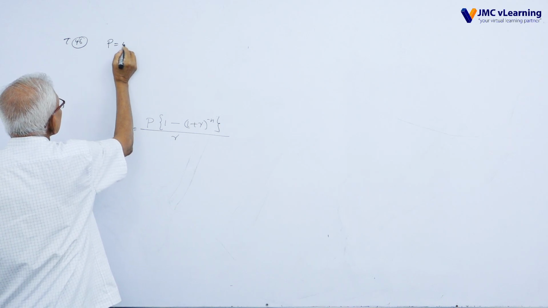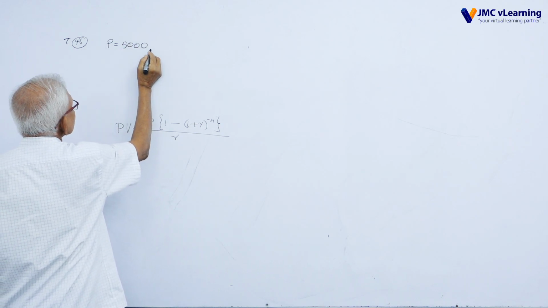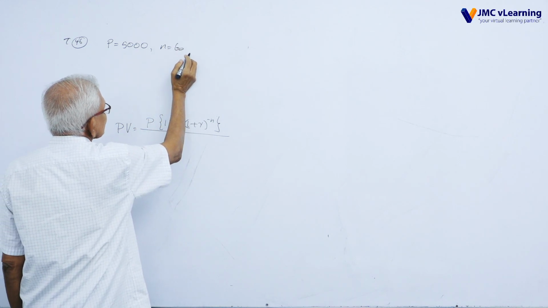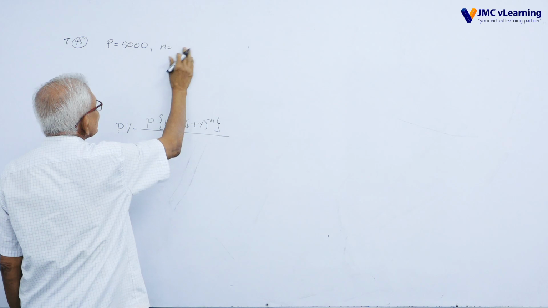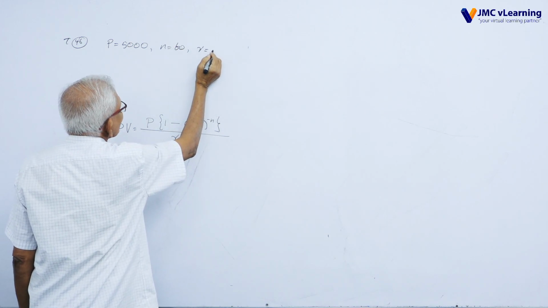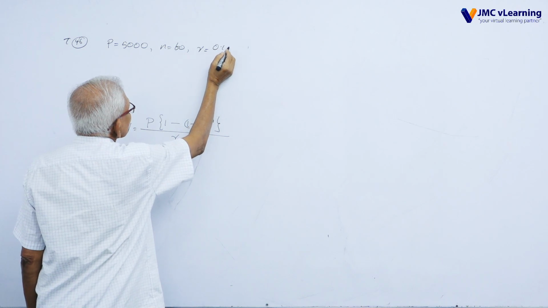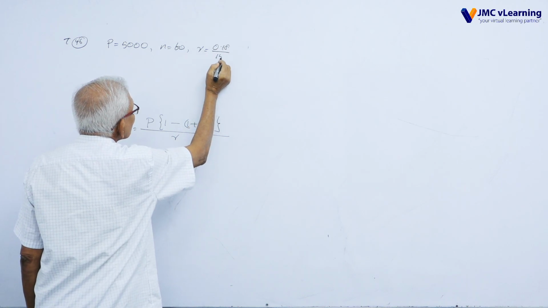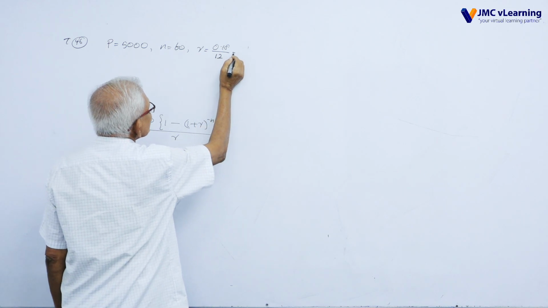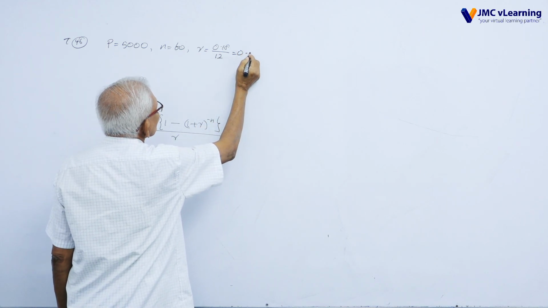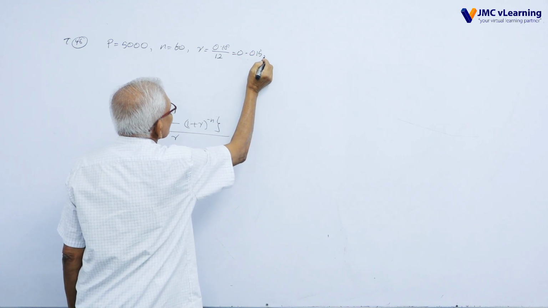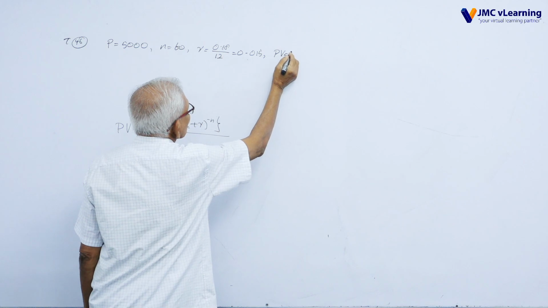P equal 5,000. N equal 60 months. 5 years means 60 months. Monthly is getting now. R equal 18%, that is 0.18 over 12, that is equal to 0.015. PV we have to find out, present value.